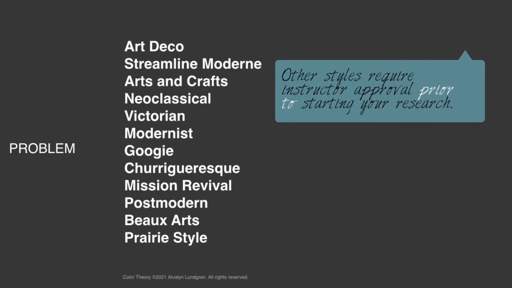These are some styles that are found in Southern California, and you can easily take a drive, go for a walk, take a bike ride, take the metro, and find examples of these architectural styles and take pictures. If you are not in Southern California and you want to do other styles which are in your area but not on this list, you need to get an okay before proceeding.